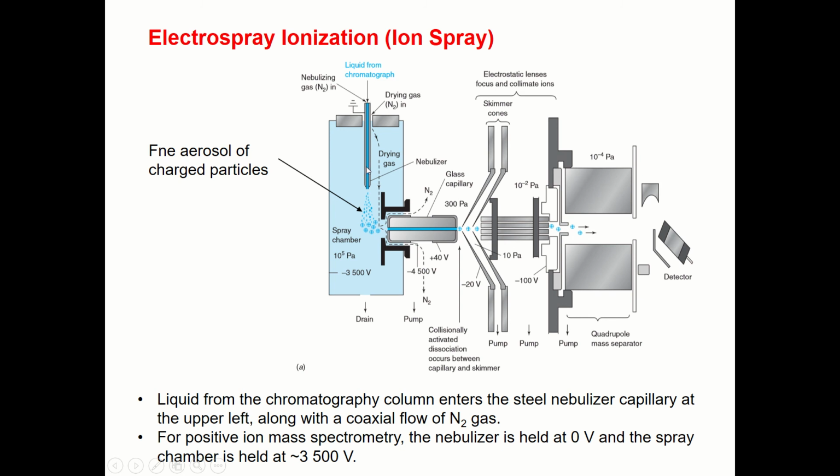The liquid passes through this nebulizer, which is grounded, and in this chamber a negative potential is applied, usually minus 3500 volts. This is called a spray chamber. The separated samples from the nebulizer are sprayed into this chamber, and along with this dry nitrogen gas, your sample becomes a fine aerosol.